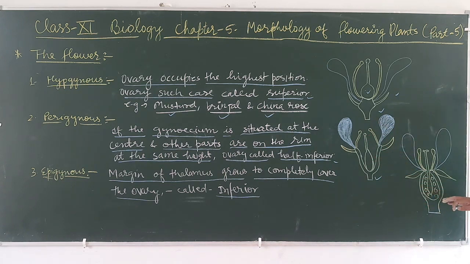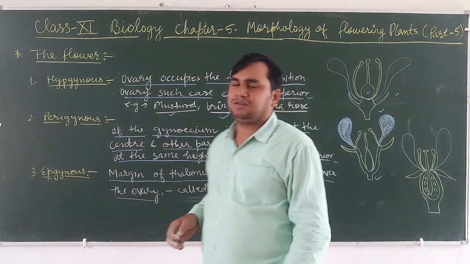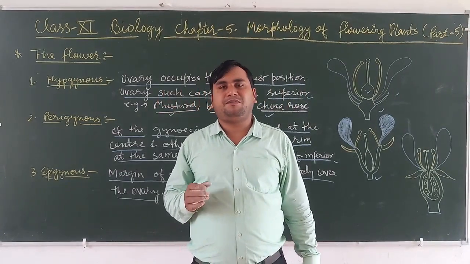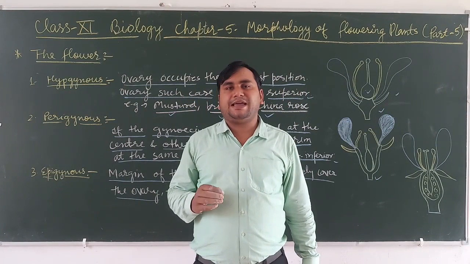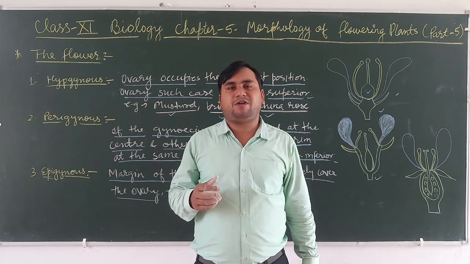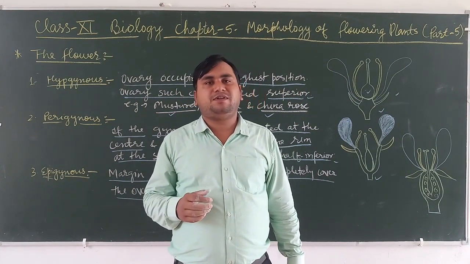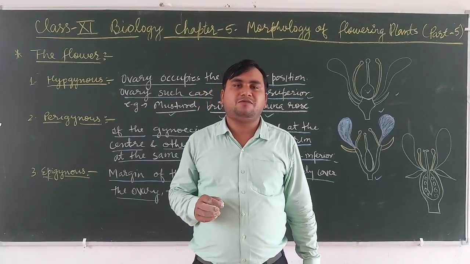In epigynous, the margin of the thalamus grows to completely cover the ovary, called inferior. This is all about the flower; today I taught inflorescence and the introduction to the flower. In the next video I will teach about the parts of the flower. Thank you.